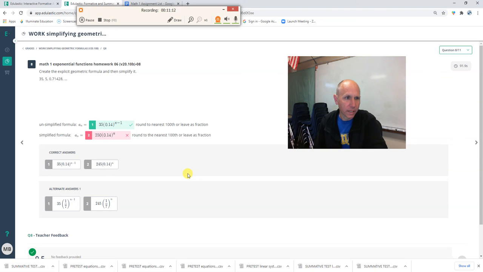It was dividing by 7, but instead I should be multiplying by 7. 35 times 7 is 245. Where did I get that 250 from? Is it because of rounding? 35 divided by 0.14. Interesting. It's wrong because of the rounding. I rounded it and then used the rounded answer to find the next answer, and that messed it up.